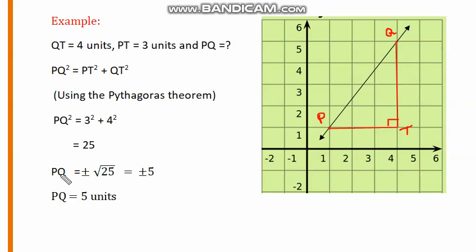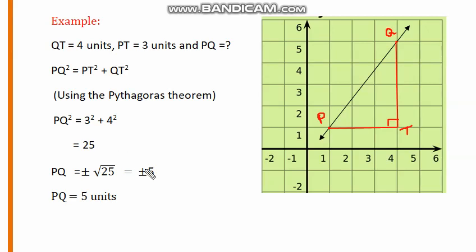We need to find out PQ. So PQ equals plus or minus square root of 25. If you transpose the square to the right hand side, you get plus or minus square root of 25, which is plus or minus 5. Why are we taking plus or minus 5? Because if you take the square of plus 5, you get 25, and if you take the square of minus 5, you also get 25.